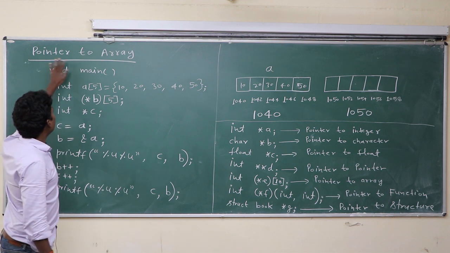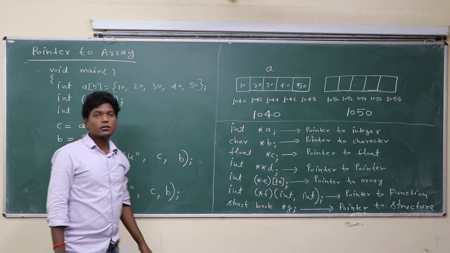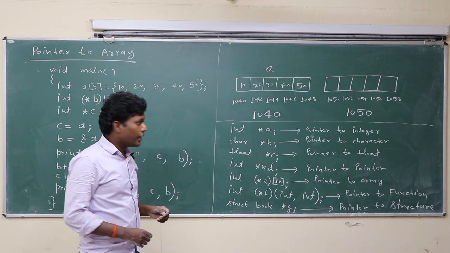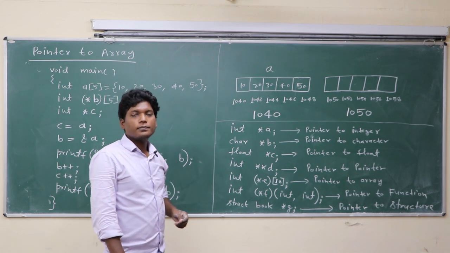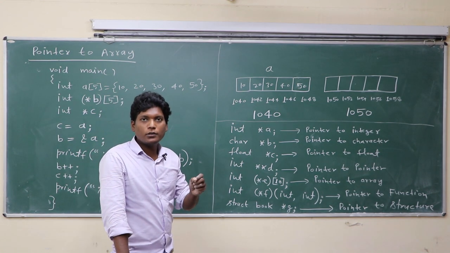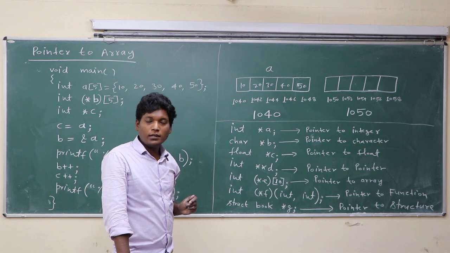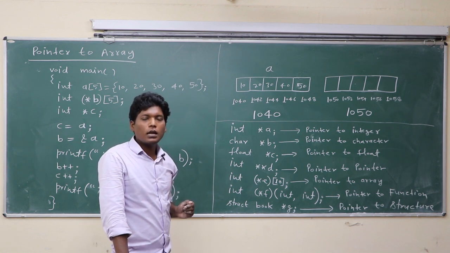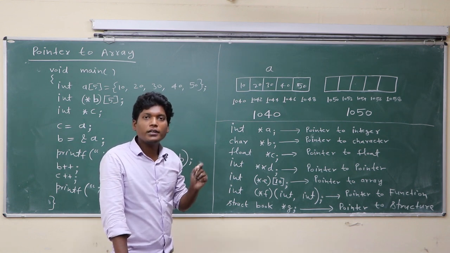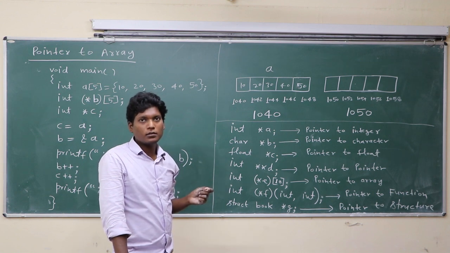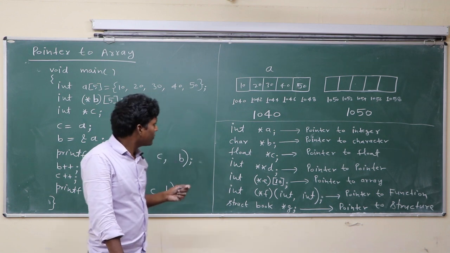Class, here is pointer to array. We have already learned about pointer to integer, pointer to character, pointer to float. In the same way, there is a pointer to array. Okay class?